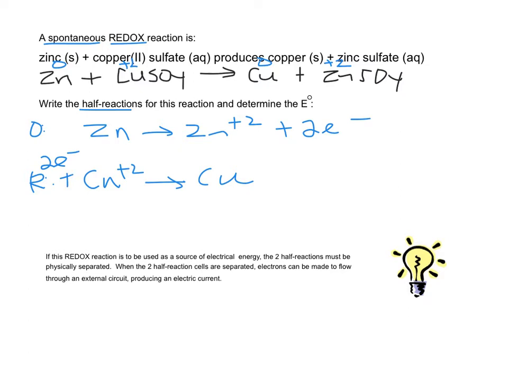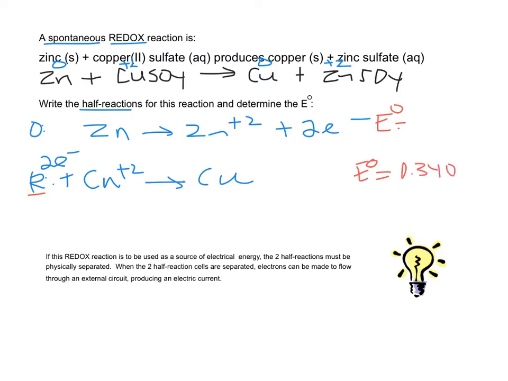And then to determine E, you need a voltage or potential chart. So remember, it's a reduction chart, and so we can look up copper +2 going to copper is 0.340.